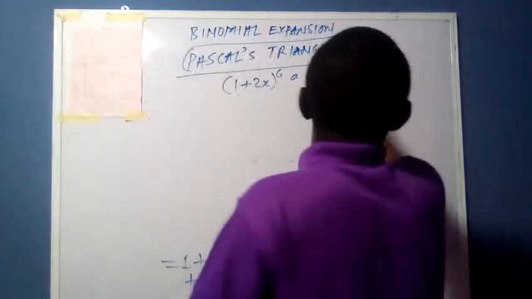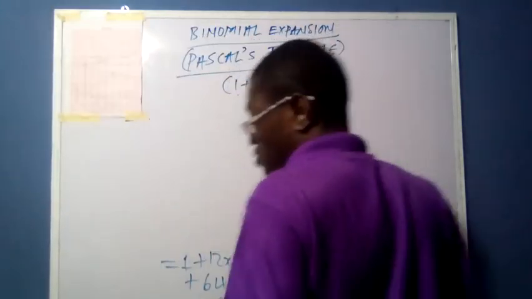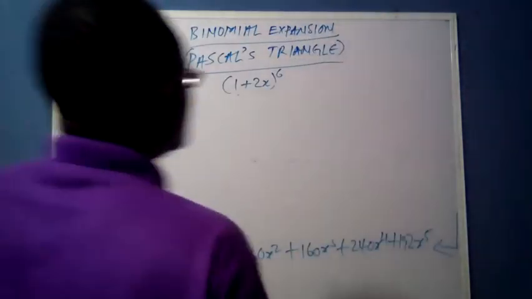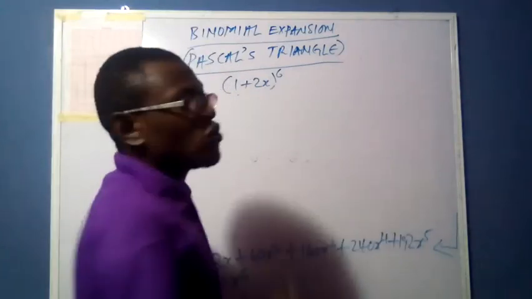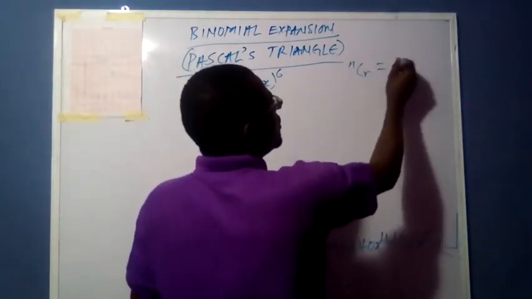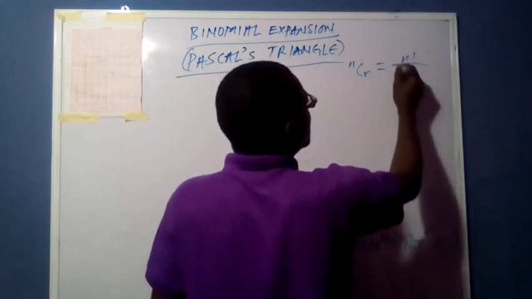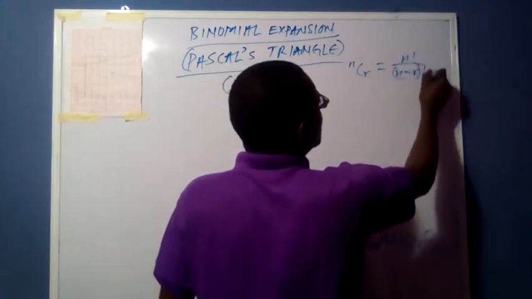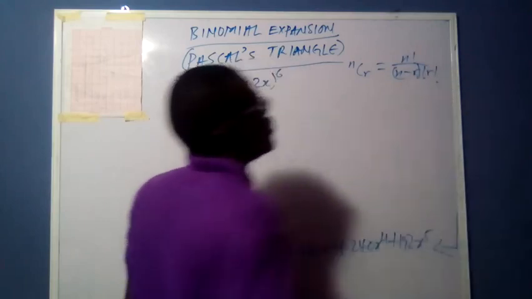But before we proceed, I believe you still remember the formula we use for combination. When you say n combination r, it's n factorial over n minus r factorial times r factorial.